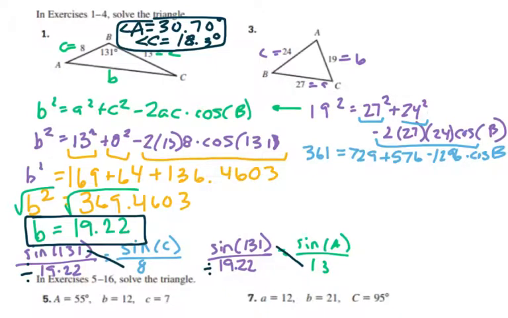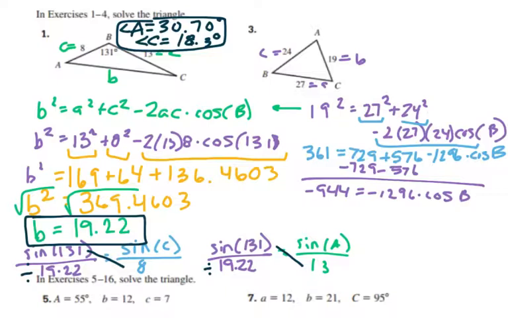Alright, so what does that mean for solving? Let's subtract the 729 and the 576 over to the other side. So we're going to get 361 minus 729 minus 576. So we get negative 944 equal to negative 1296 times cosine of b. But of course we're going to divide by that multiplier, so divide by negative 1296.